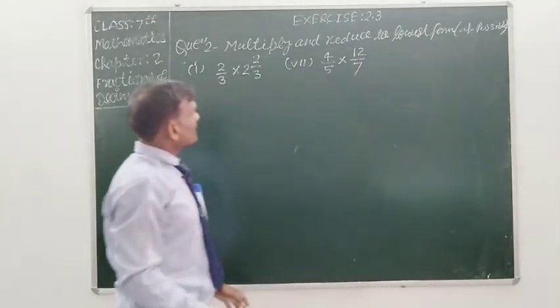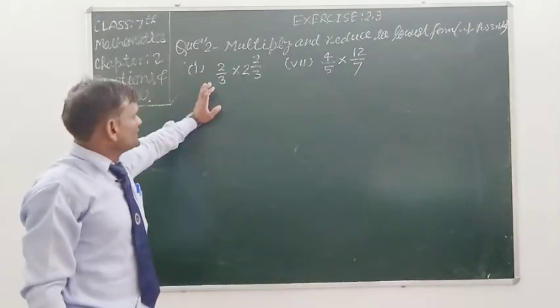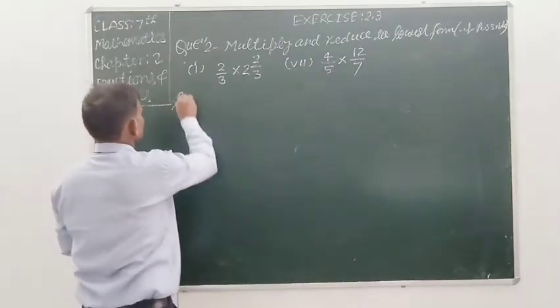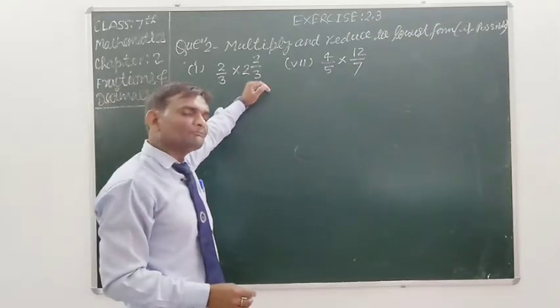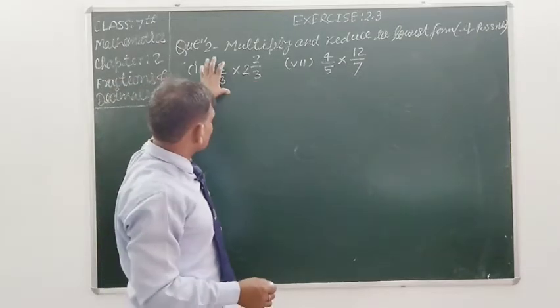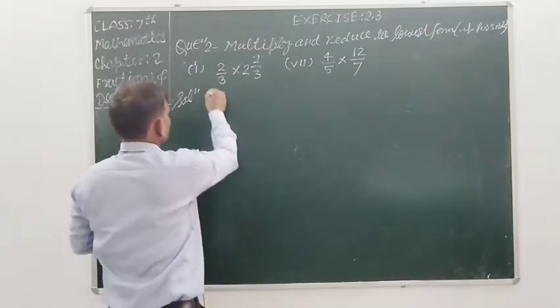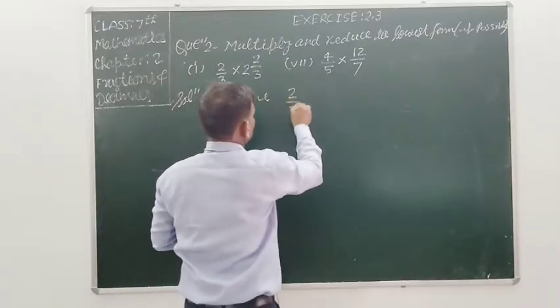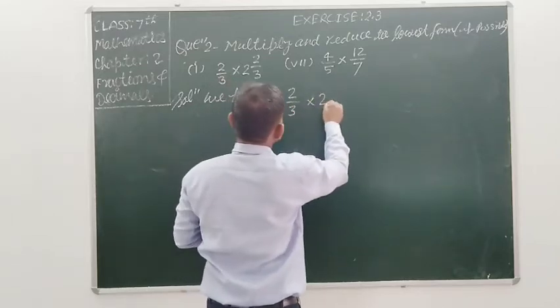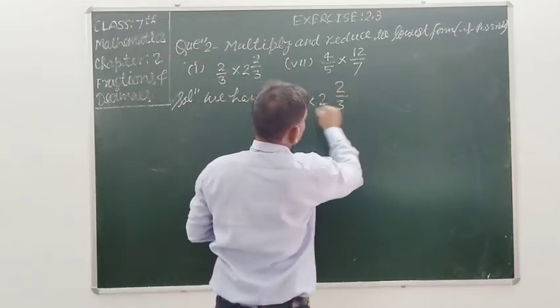So student, how can we solve it? Student, you are seeing that in both parts we are required to multiply two fractions. So student, you are seeing that we have 2/3 into 2 whole 2/3.